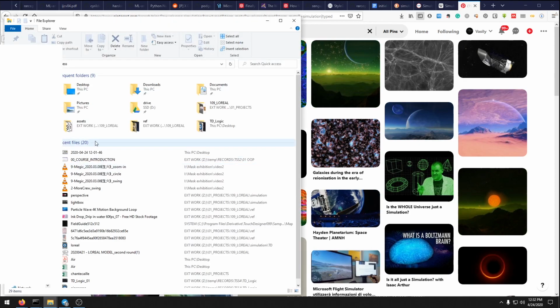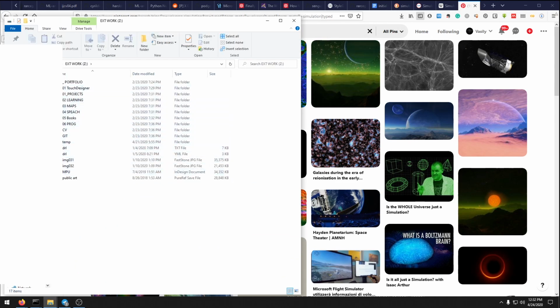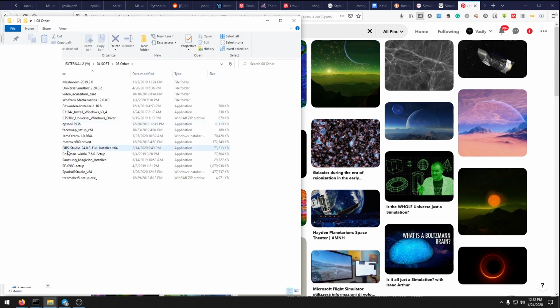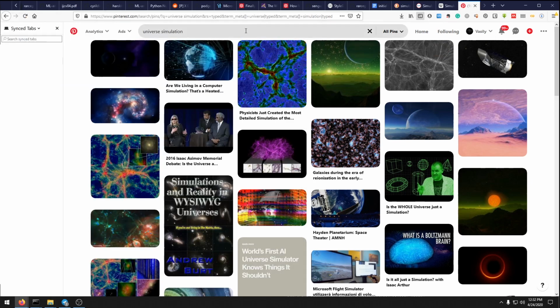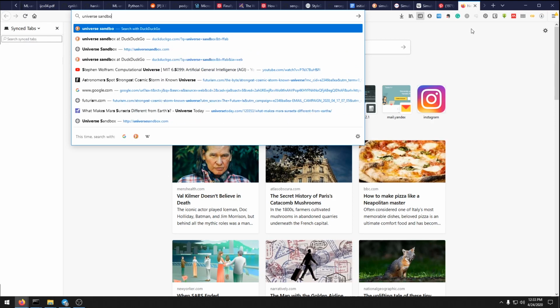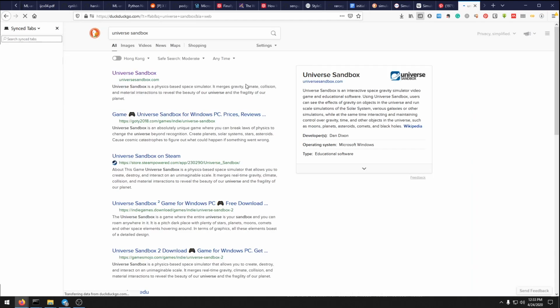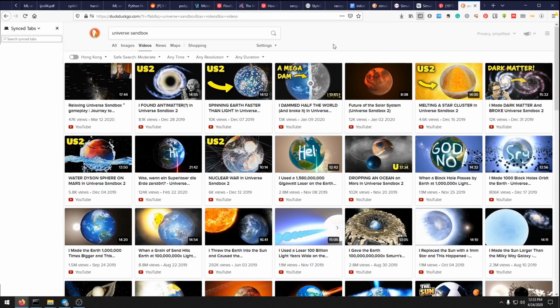There actually exists something kind of interesting, this Universe Sandbox you can try. It's basically a simulation of our universe. You can install it on your computer and play with it.